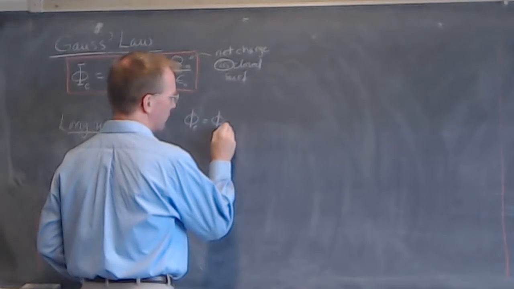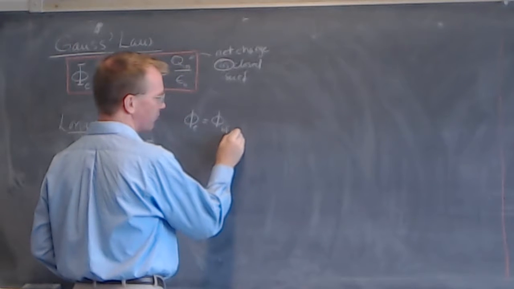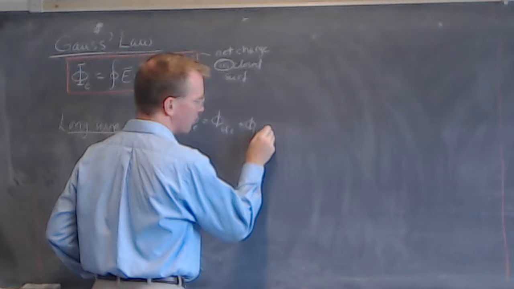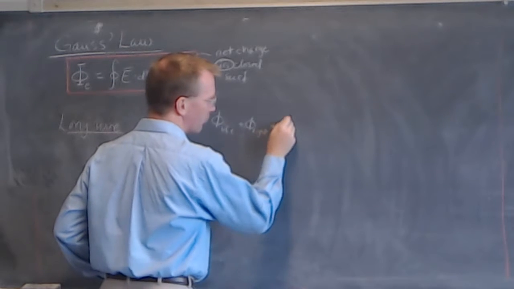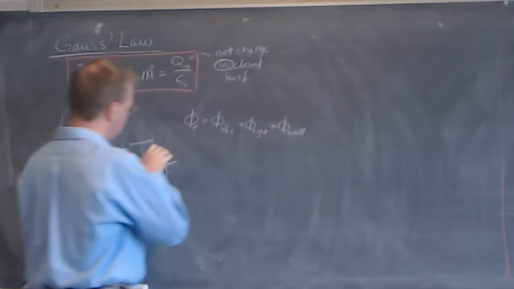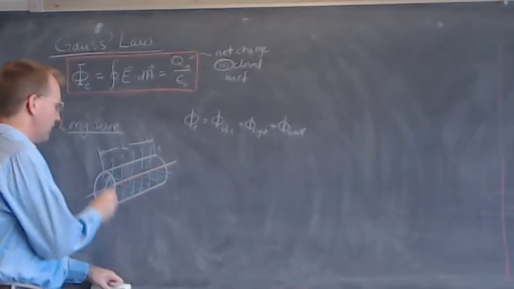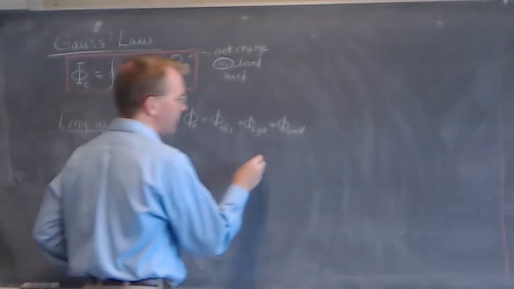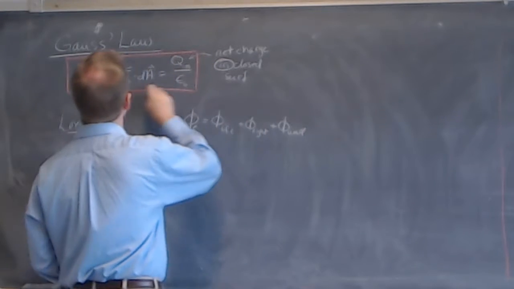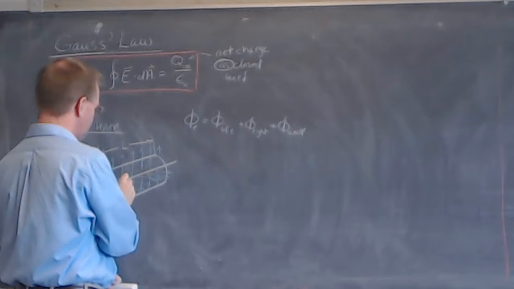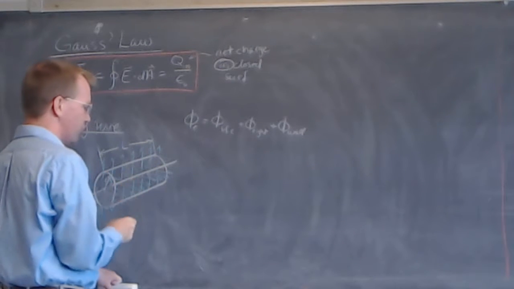Let's say here, left disk plus the right disk plus the cylinder wall. That's the curved surface there. Each one of these is going to be E dot dA. And there's going to be little bits of charge Q along here.